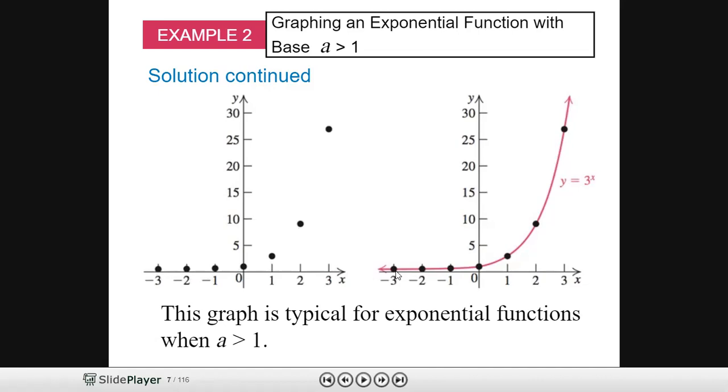All these values of x, if we are just joining these points in a line, we will get this curve that is representing y is equal to 3 raised to power x. I'm sure that it's self-explanatory, no need to explain this.